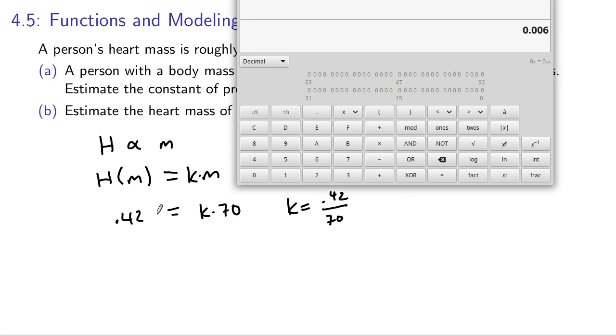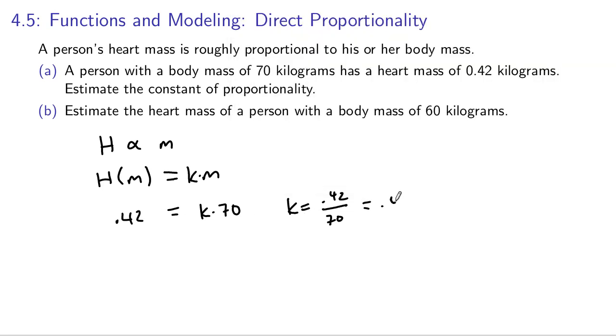So that's what k will equal. K equals 0.006. And this was kilograms per kilogram, which would mean the units would cancel. So this is a unitless constant, k. There's no units for this particular constant. So now we can write 0.006 for k times m.